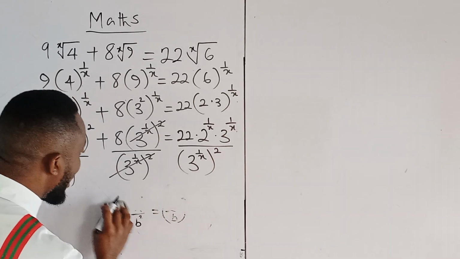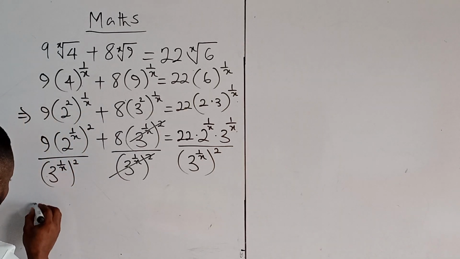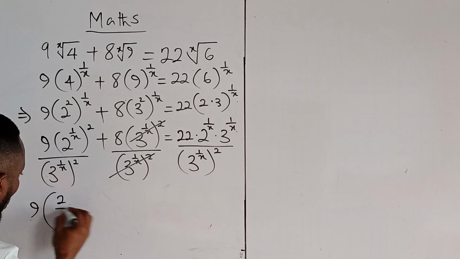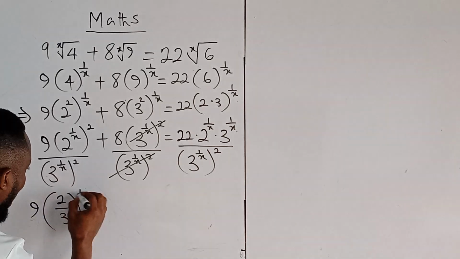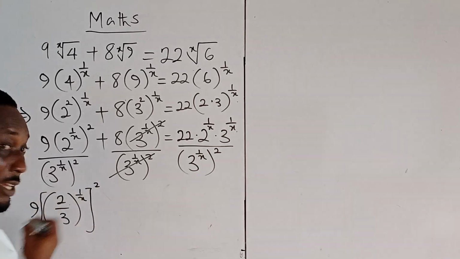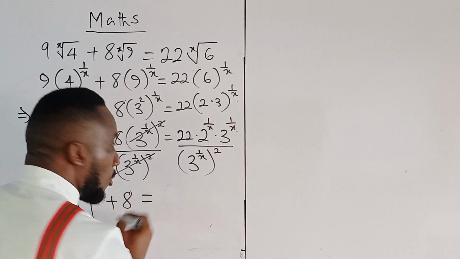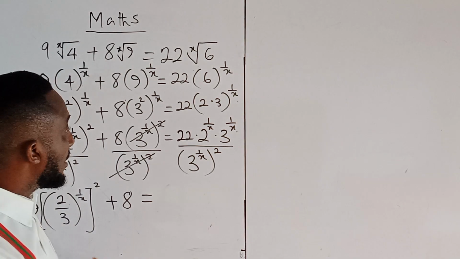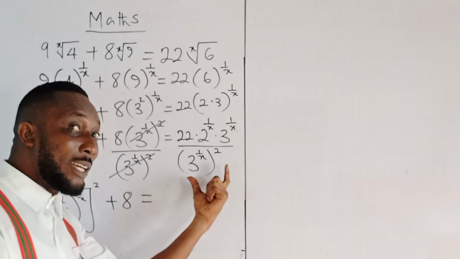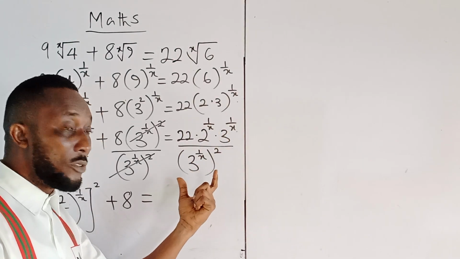I can then rewrite this expression: 9 into 2 upon 3 to the 1 on x, I will then put a bracket all squared, plus 8 equal to, if I come to the right side, 3 to the 1 on x will divide one of the 3's to the 1 on x on the denominator.